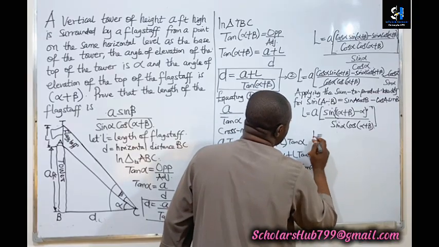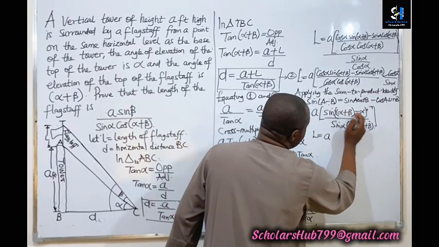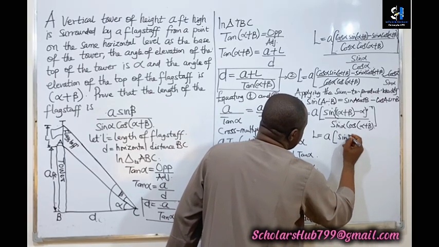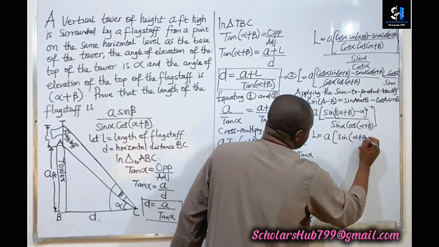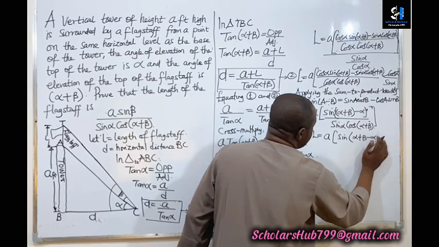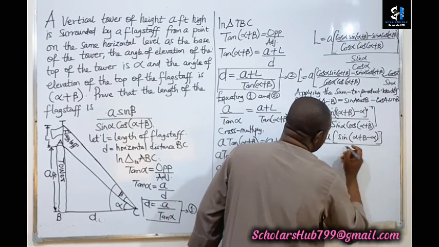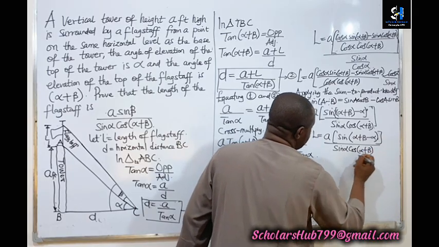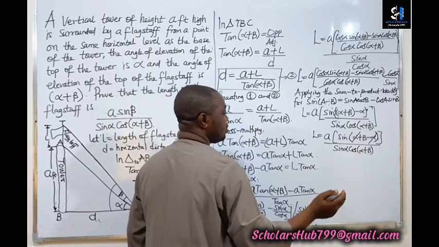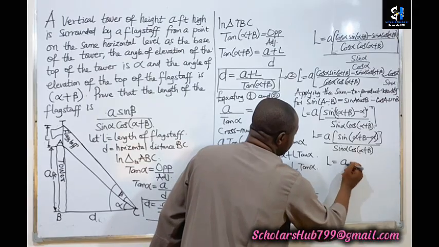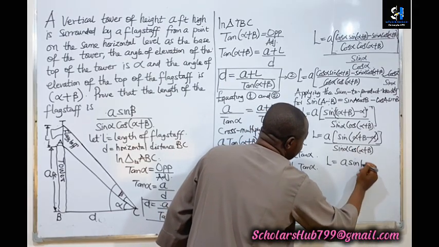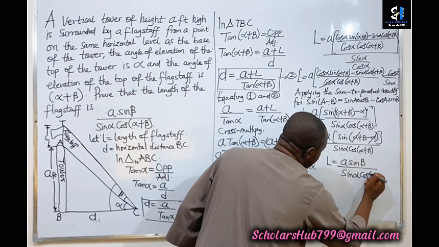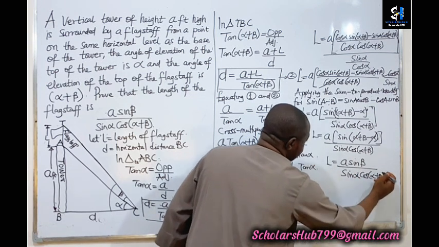Removing the parentheses, L equals A open bracket sine alpha plus beta minus alpha, divided by sine alpha cos alpha plus beta. Alpha minus alpha will be 0. So we have L equals A sine beta divided by sine alpha cos alpha plus beta.